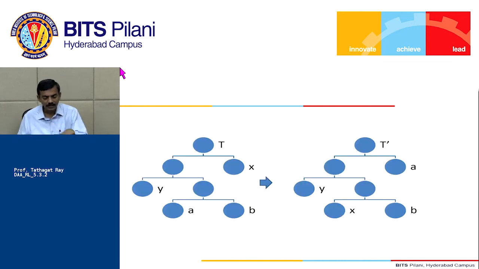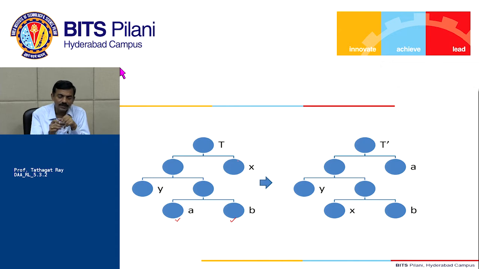So now let's say I have this tree T. Just recall, T is the binary tree representation of some arbitrary optimal prefix code. Within that tree, A and B are the characters with the maximum depth.